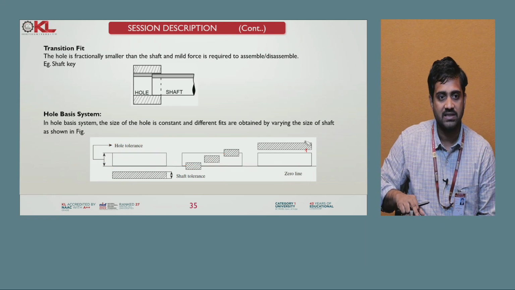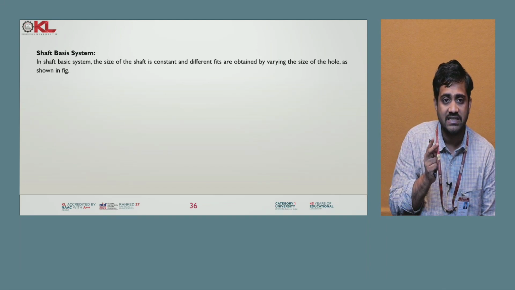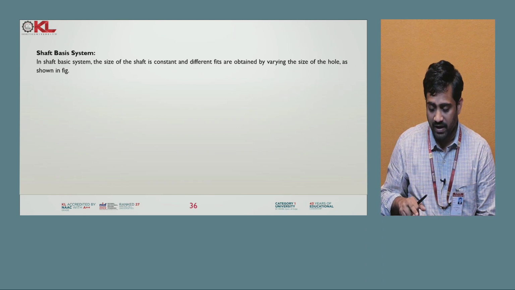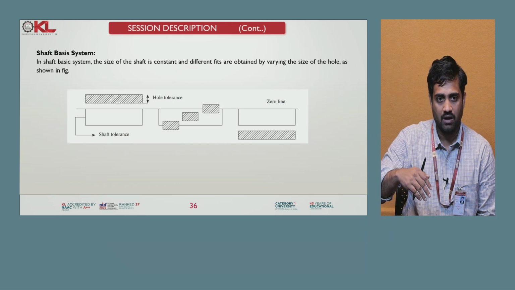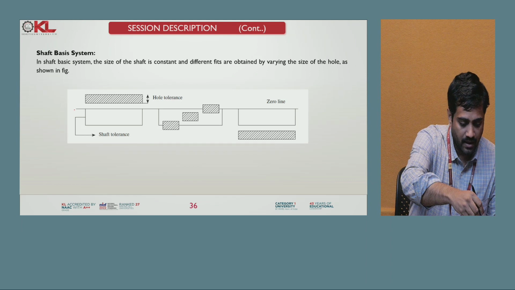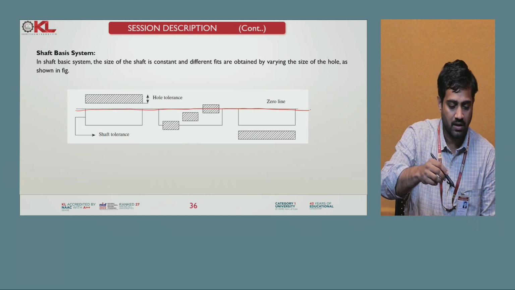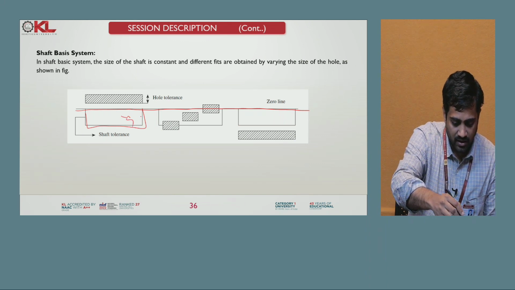Now the next one is the shaft basis system, in which the size of the shaft is kept constant and different fits are obtained by varying the size of the hole. It's vice versa of the previous one. Here also you can see a zero line. So this is the shaft.